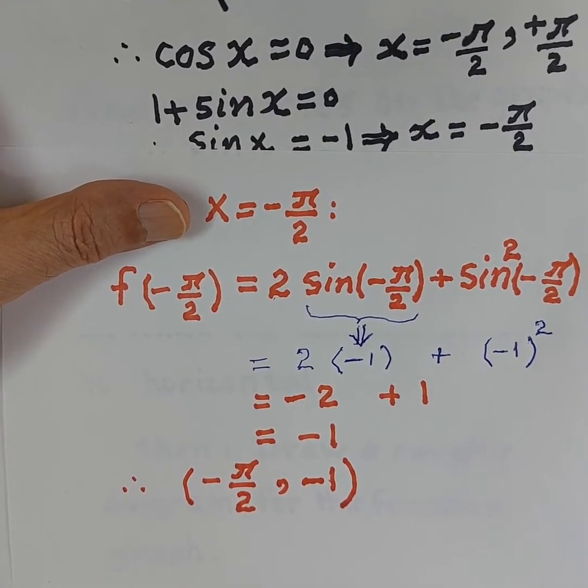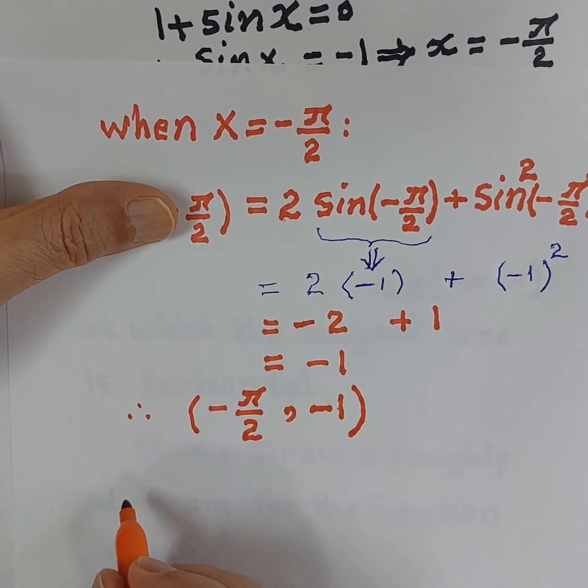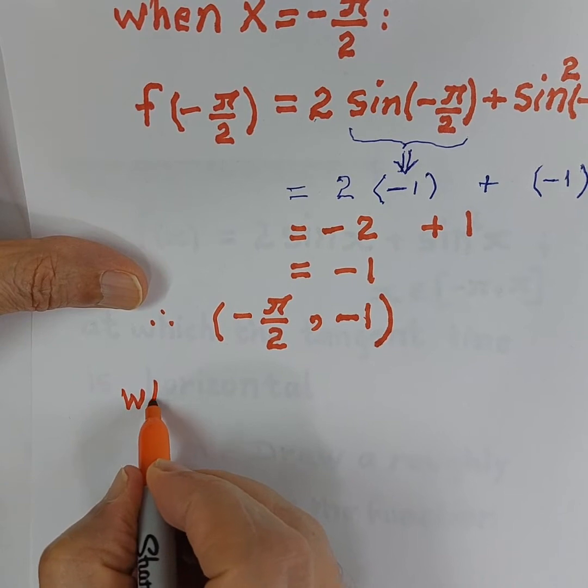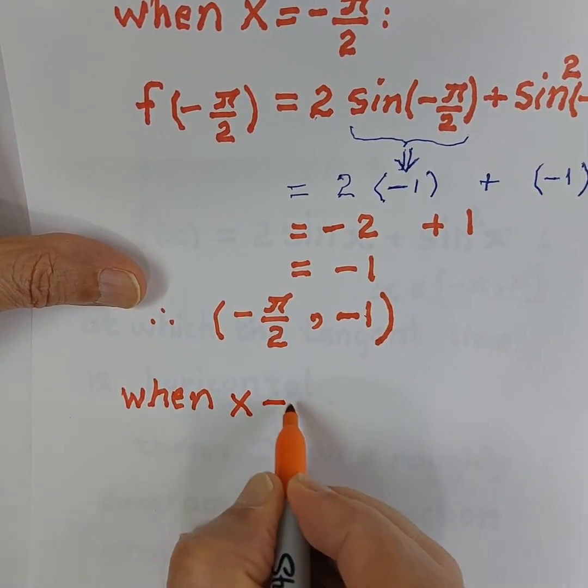Let us look for the other answer. The other answer is when x is equal plus pi over 2.